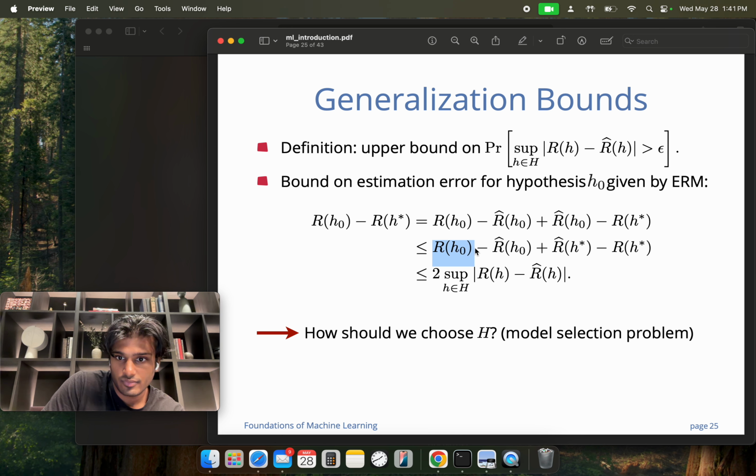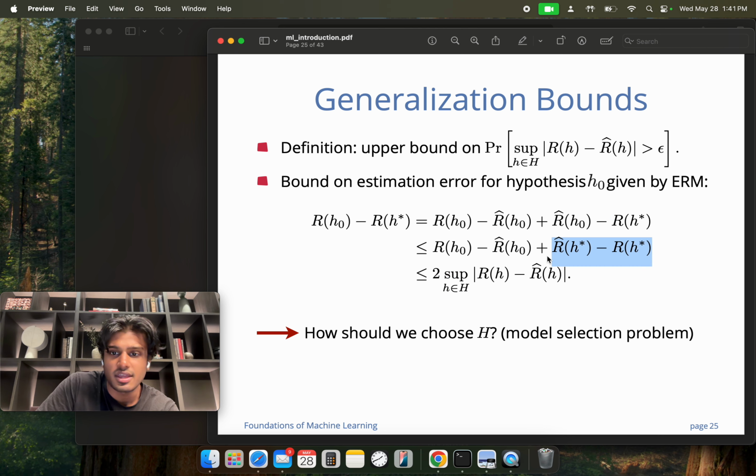The risk of this hypothesis minus the empirical risk is this term right here. This term is going to be less than the supremum over all h, because H0 is just one possible item in capital H. If I replace it with the supremum over every h, definitely this is less than that.